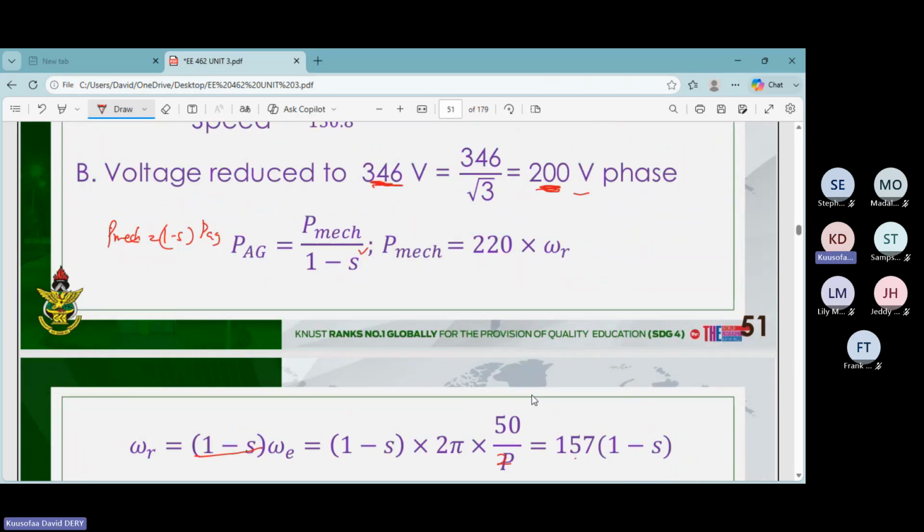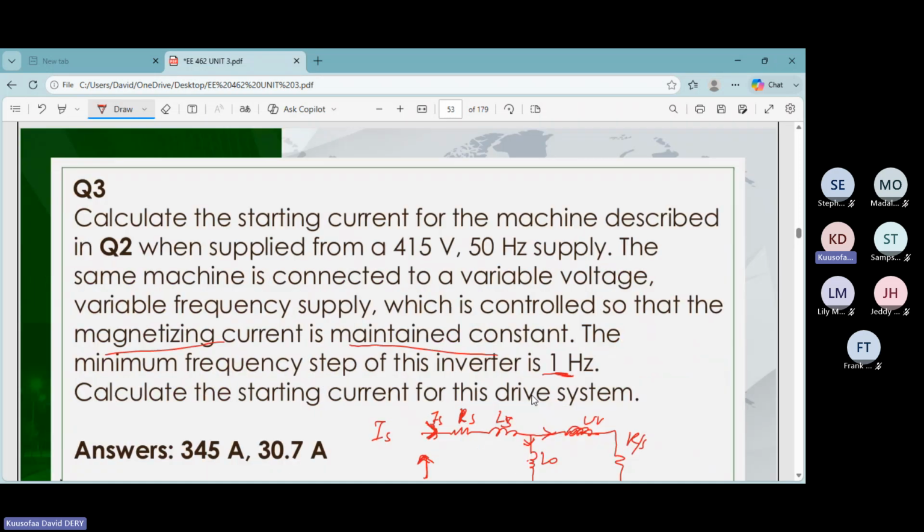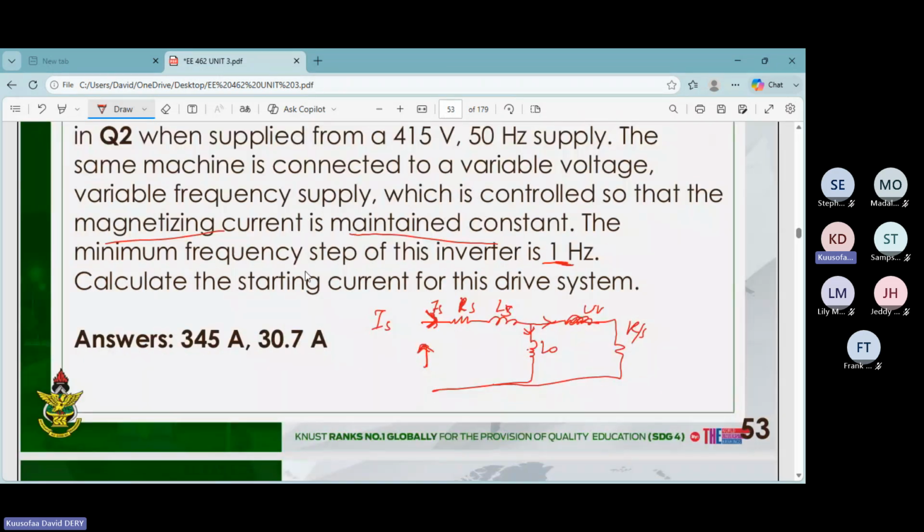So what we have to do is just combine the impedances. This and that are in parallel, we combine them and then add it to whatever we have here to get the total impedance, and divide the supplied voltage by that. Then we find the magnitude. I think that is the best thing we can do right now. This and that are in series, which is in parallel with this.